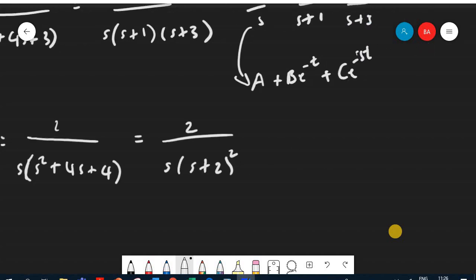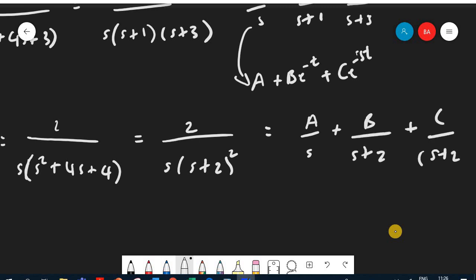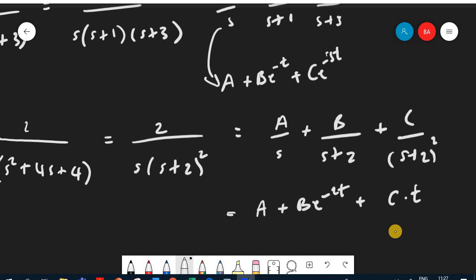And doing this, it will be 2 over, this will be like A over s plus B over s plus 2 plus C over s plus 2, the whole thing squared. And the answer of this will be like A plus B e to the power minus 2t, and here we are going to have C t. So we have a t term, and then I'm going to have e to the power minus 2t.